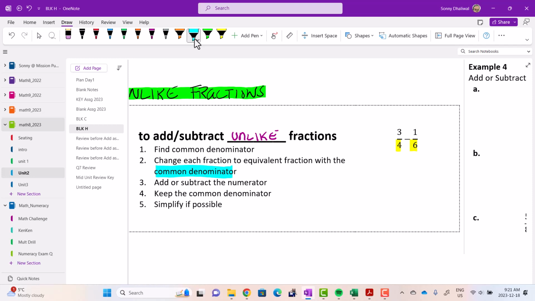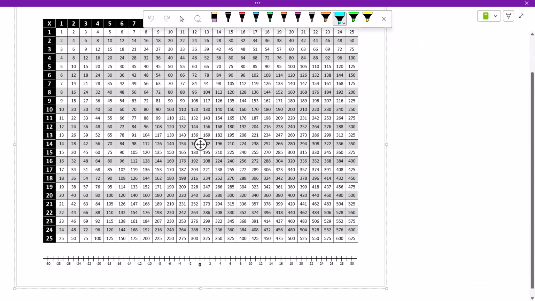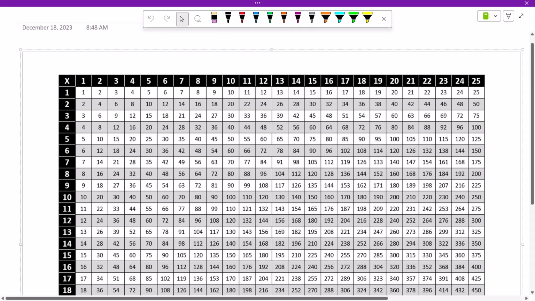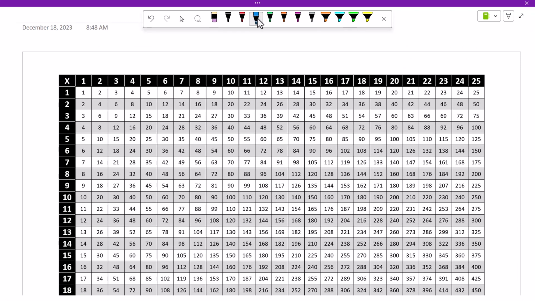If I grab my multiplication chart here, and if you don't mentally see it already, you can use your multiplication chart. I'll highlight 4 here and 6 here. We look across these columns: the multiples of 4 and the multiples of 6.